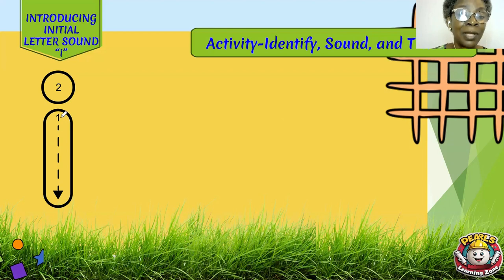This is the number one, the first place to put your writing material. You can see number one, number two. You do not begin from here, you start from here. So put your pencil on number one and take it down.